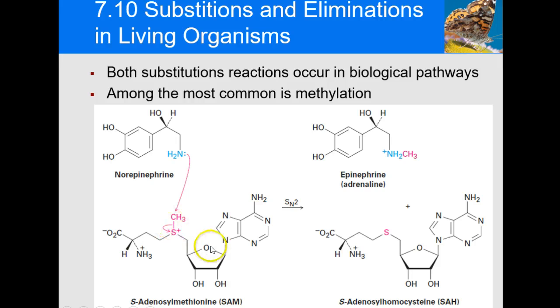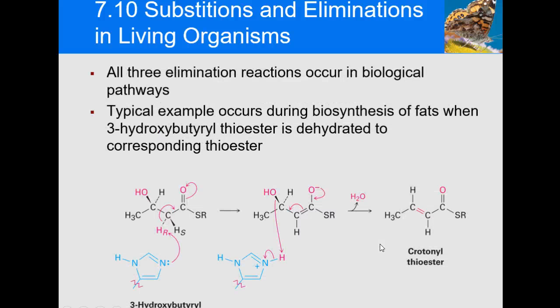And basically this whole thing is your leaving group. Kind of interesting that whole thing is our leaving group through an SN2 reaction, and these are the two compounds that you make.